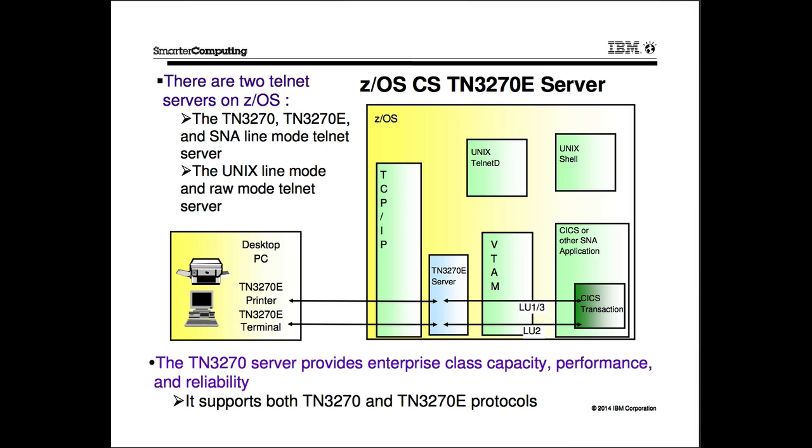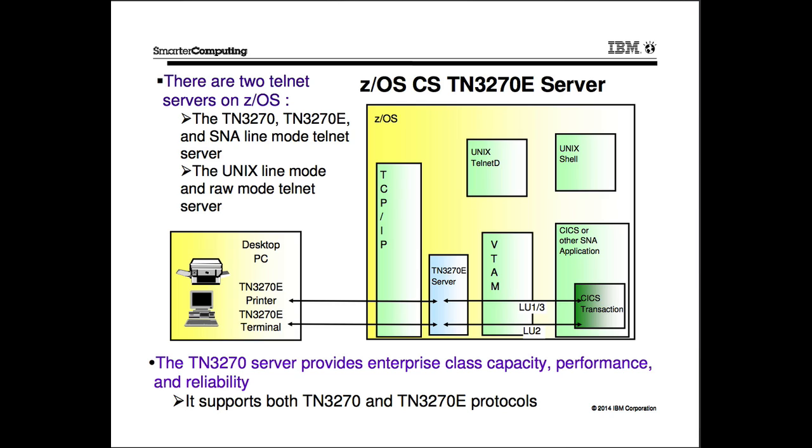So in TN3270, like I said, the server is integrated with the stack. This diagram shows your TN3270 terminals talk through TCP/IP to the TN3270 server, which then talks through VTAM to the CICS or other SNA application. Our TN3270 server is very heavyweight. It provides enterprise-class performance and reliability.